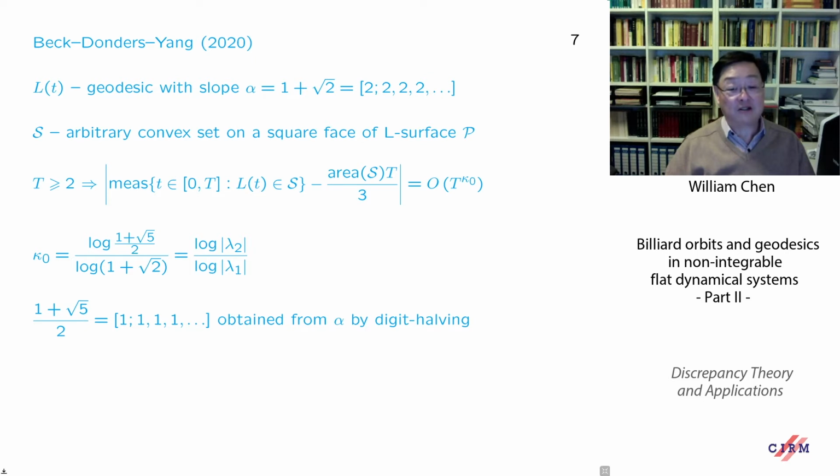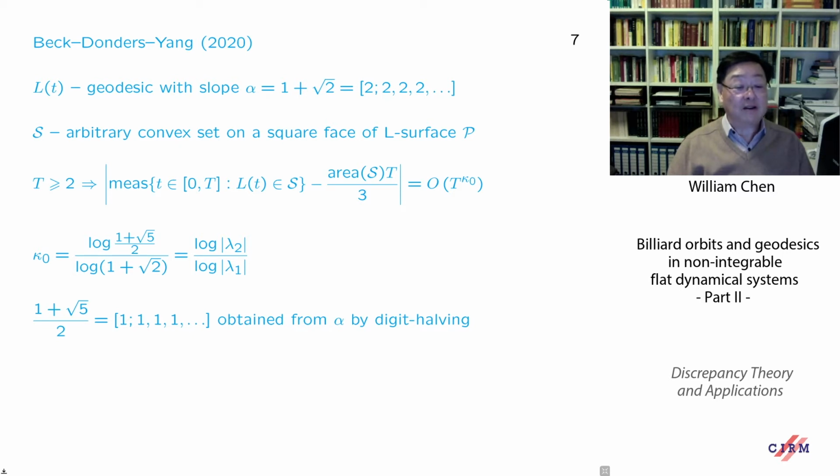The expectation is area of S times T divided by 3. What they can show is that this is bounded by a constant times T to an exponent kappa naught, which is smaller than 1. And indeed, the exponent kappa naught is obtained in terms of these two largest eigenvalues, lambda 1 and lambda 2.